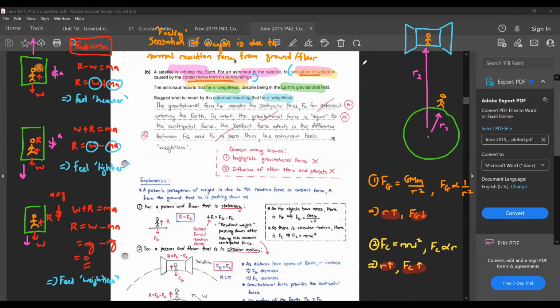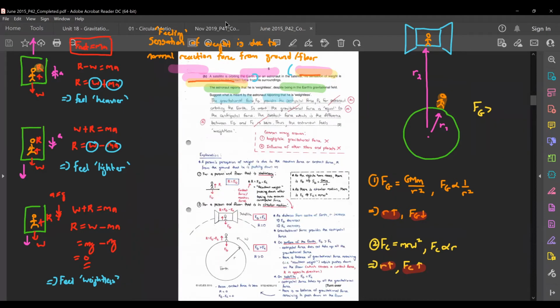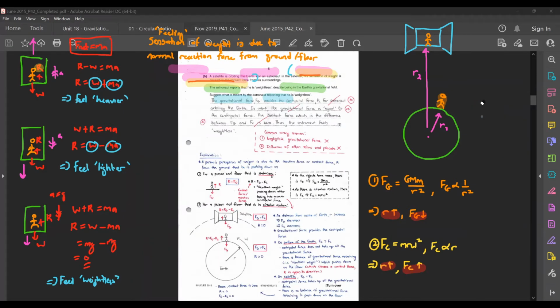Generally speaking, when a person is standing on the surface of the Earth, the gravitational force is more than your centripetal force. Let me write this out: gravitational force is more than your centripetal force.